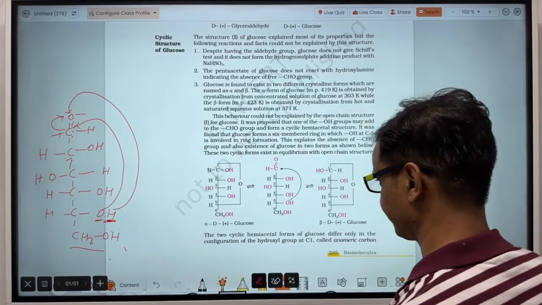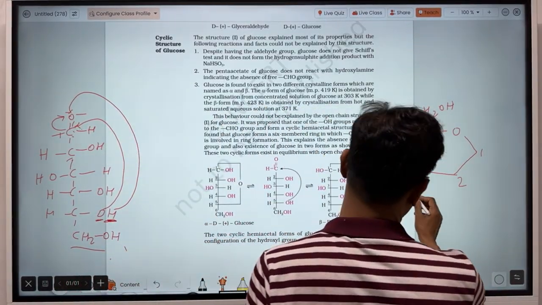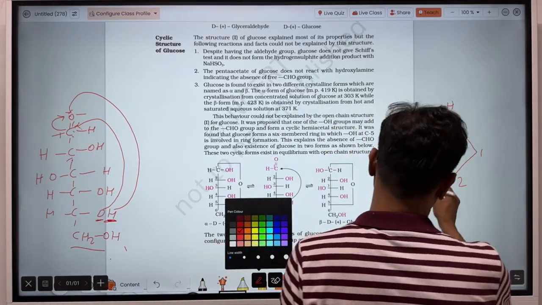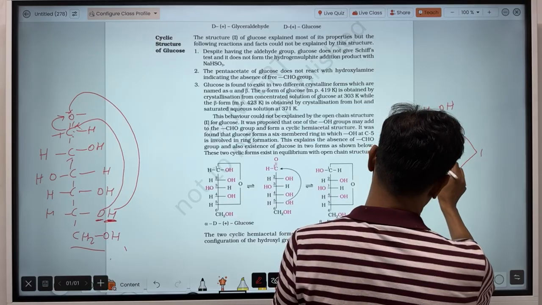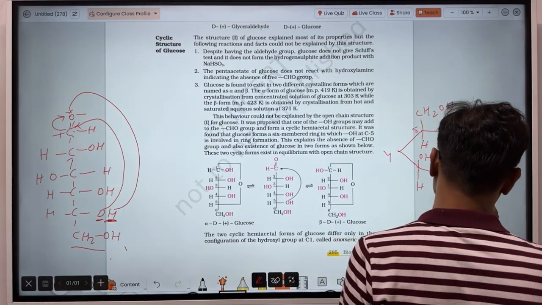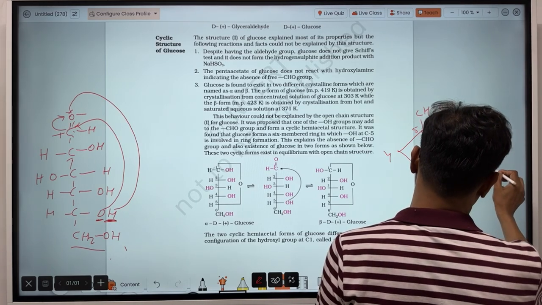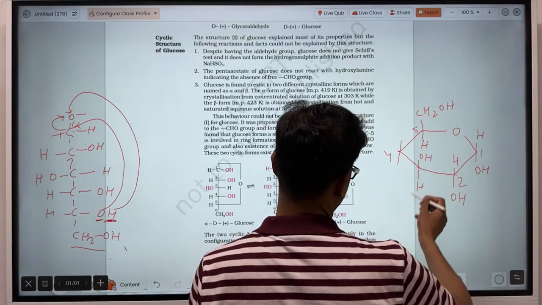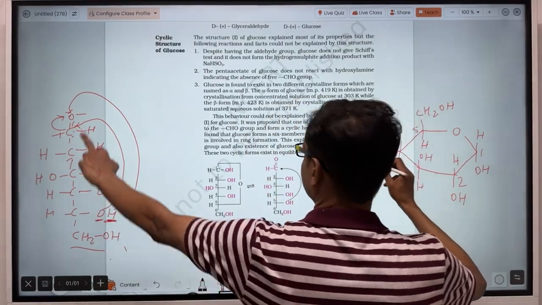Sorry, that will be towards the above side. This OH will be at the above position. And in other cases, the OH will be towards the below side. This is OH here. This is OH.